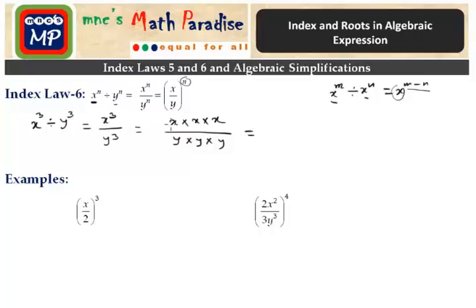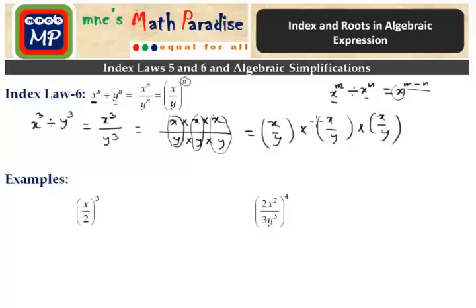Now if we group them, x divided by y, x divided by y, and x divided by y, with multiplication among them. That means all these 3 x's will be multiplied in the numerator and all these 3 y's in the denominator. After rearranging, we can see that the same base, x divided by y, is multiplied 3 times.